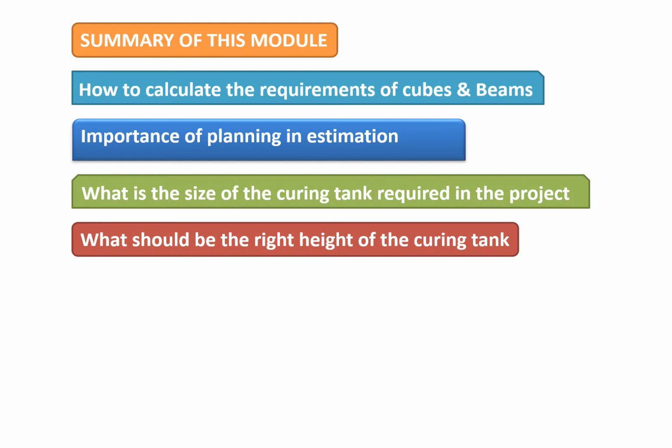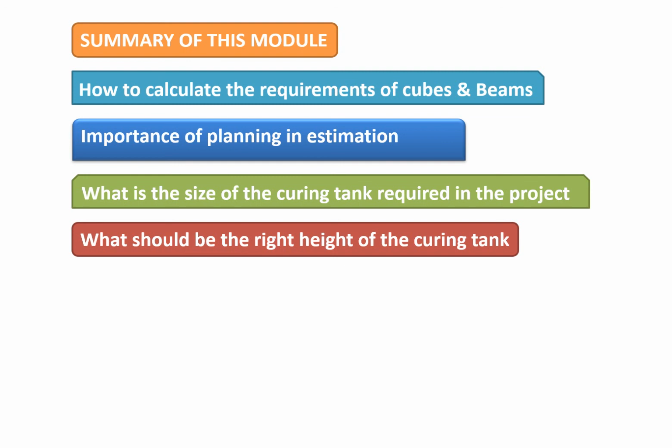So it is very important to make sure that your estimation is around the requirement and as close to accuracy as possible, so that the estimation done for the number of cubes or beams or the size of the curing tank won't be much off.